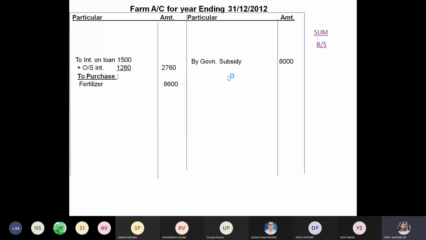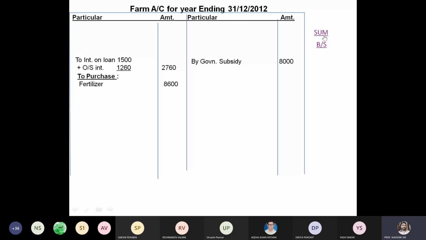Purchase of fertilizer. Livestock will be written in the balance sheet.